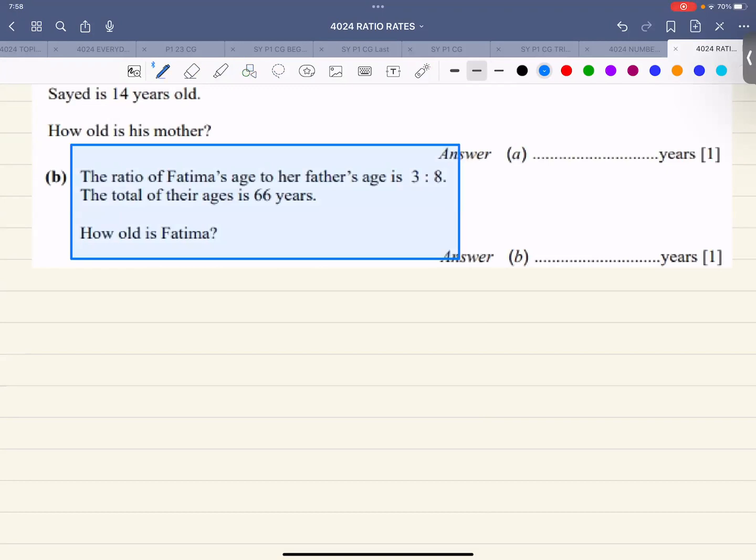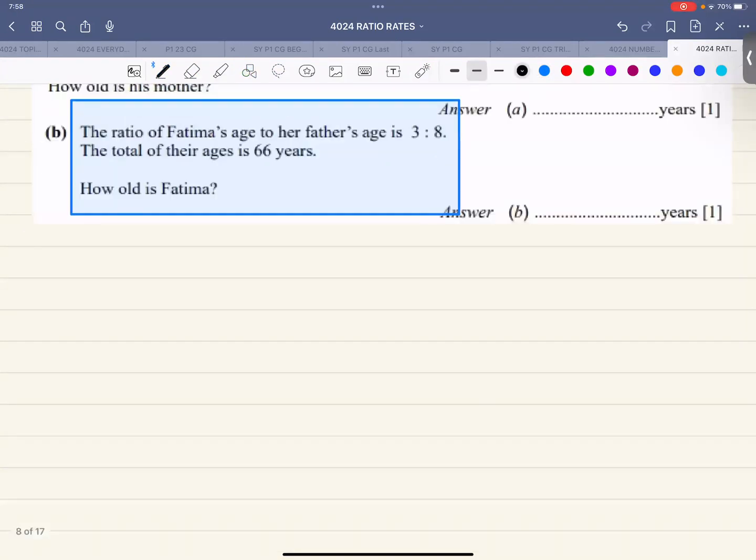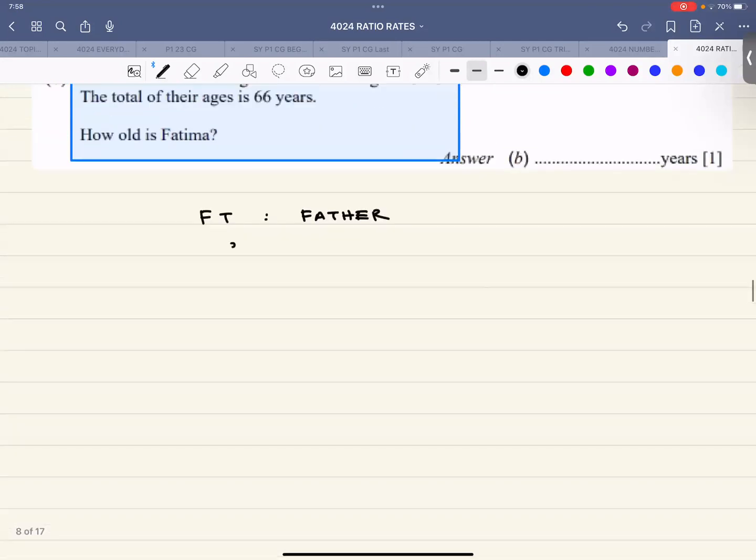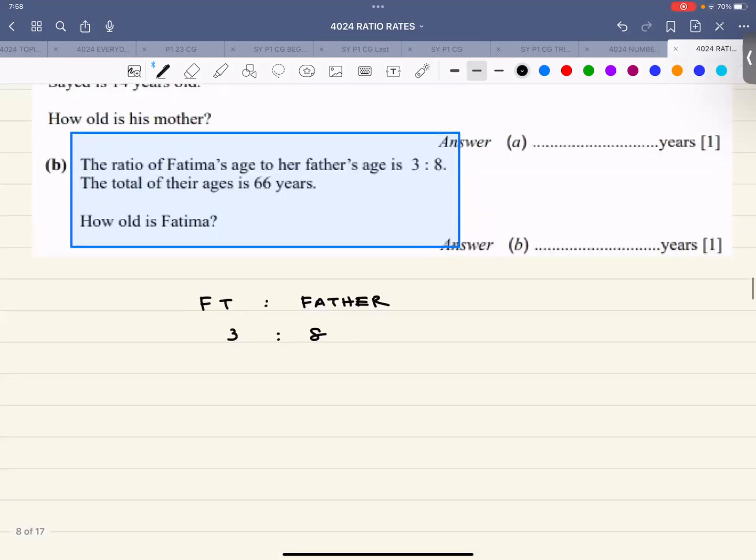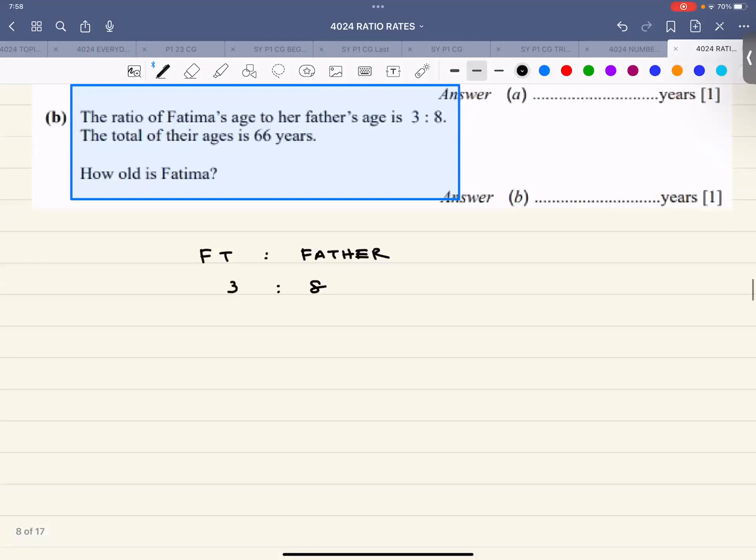Now the question says, let me read it again. The ratio of Fatma's age to her father's age is 3:8. So this is Fatma. This is father.